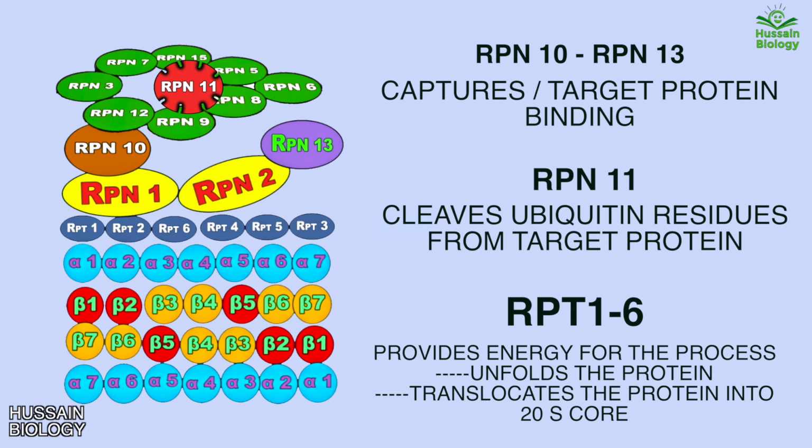If we recap the things in order, we see first the ubiquitinated protein is captured by RPN10 and RPN13 of the 19S regulatory molecule. Then in the next step, the RPN11 of the 19S subunit deubiquitinates the target protein before letting it into the 20S catalytic core. At that time, the protein has reached the hexameric ring of RPT proteins.